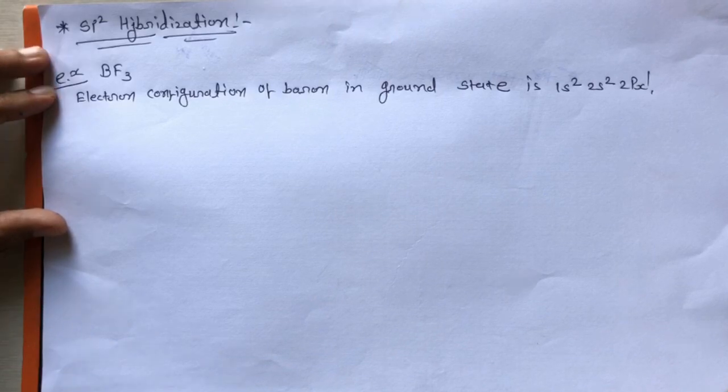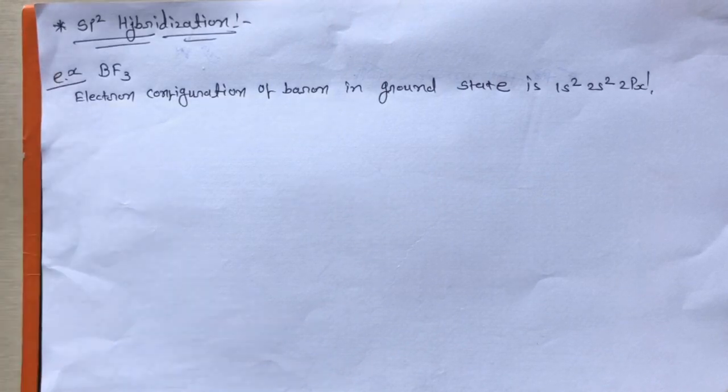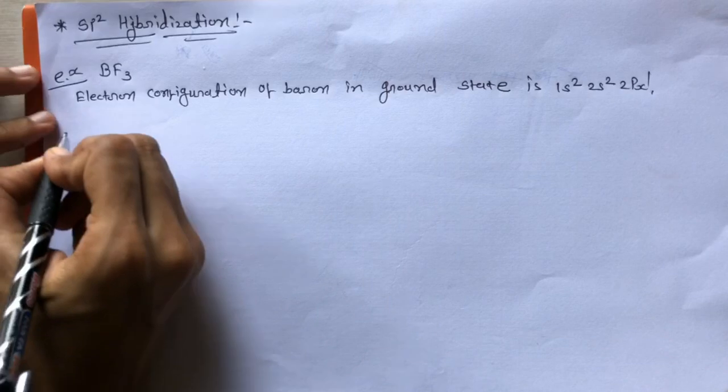One of the two 2s electrons gets promoted into the available 2py orbital.